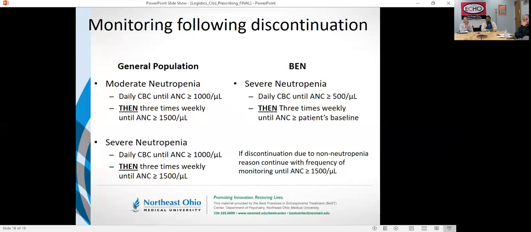The reason for this: the half-life for clozapine is estimated at 12 hours, but the range in adults is between 4 and 66 hours, which means it can take up to 2 full weeks for the body to fully clear the clozapine, so it may still continue to have some effects on the neutrophil count. And that's why if they do spike a fever, we want to make sure that their neutrophils are not compromised.